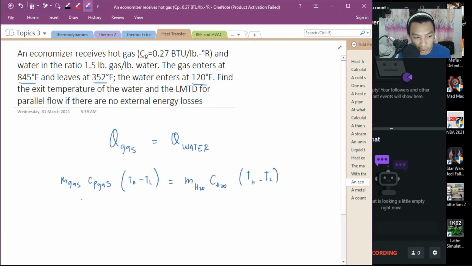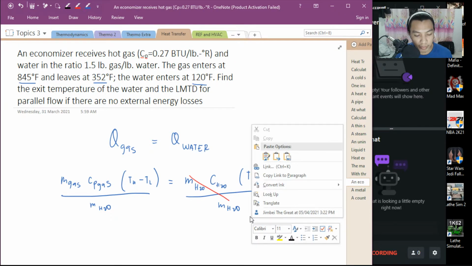Ang problema mo dito, naka-pair yung mass of gas eh. Okay? The mass ng H2O per M ng H2O. Cancel out, okay? Cancel out mo na tong M ng H2O.